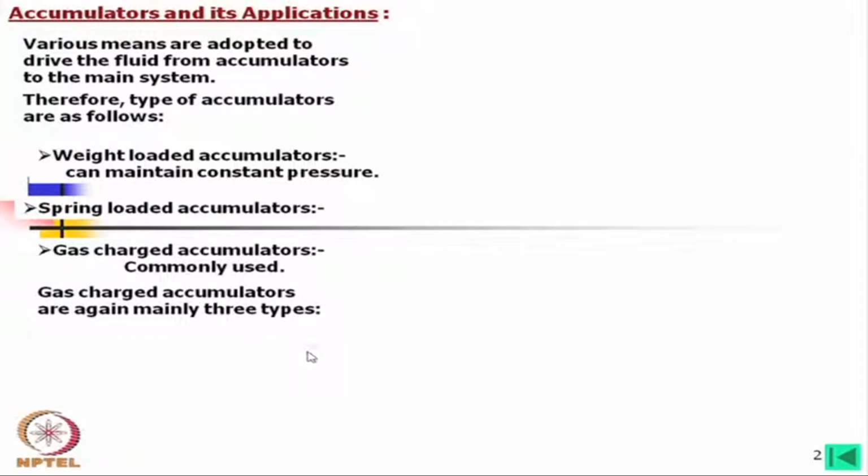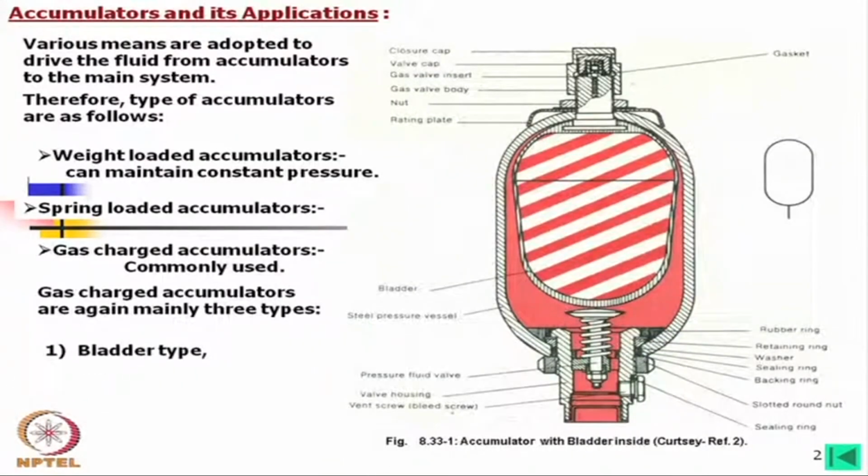Gas charged accumulators are again mainly of three types. The most common you will find is the bladder type. What is it? If we study this figure, we will find that outside is the main casing of the accumulator.